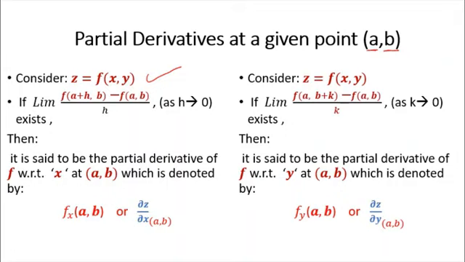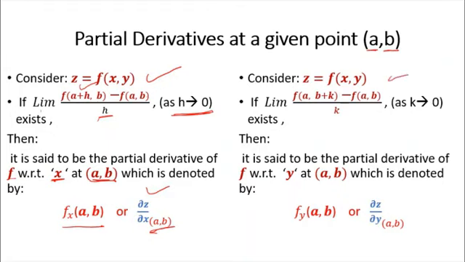If the limit of f of (a plus h, b) minus f of (a, b) by h as h tends to 0 exists, it is said to be the partial derivative of the function f with respect to x at the point (a, b). It is denoted by fx of (a, b), or dou z by dou x at the point (a, b).